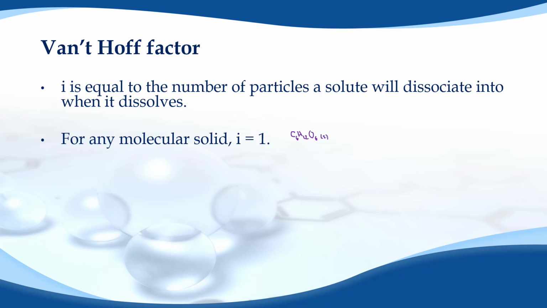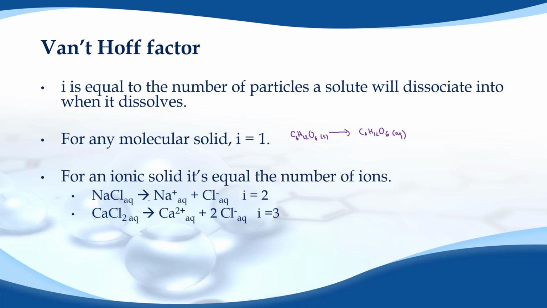But when you get into ionic solids, you add up the total number of ions in the sample. Sodium chloride, when it dissolves, breaks up into a sodium ion and a chloride ion, so i is equal to 2. Calcium chloride breaks up into a calcium 2 plus ion and 2 chloride ions for a total of 3.